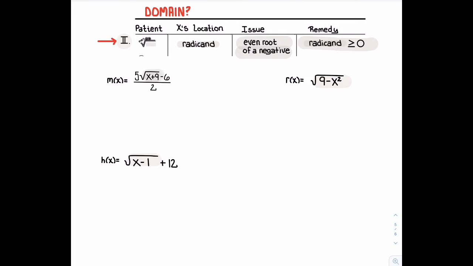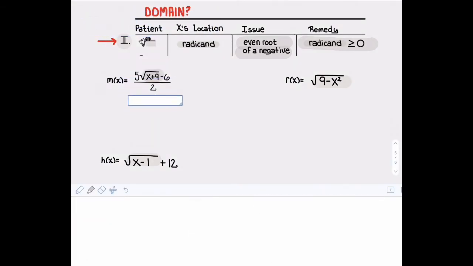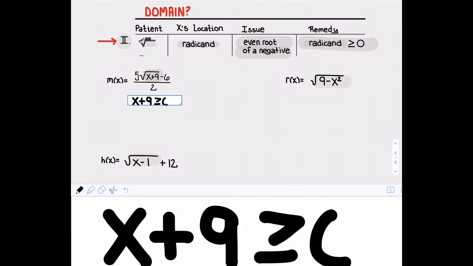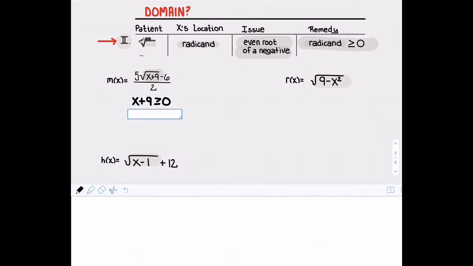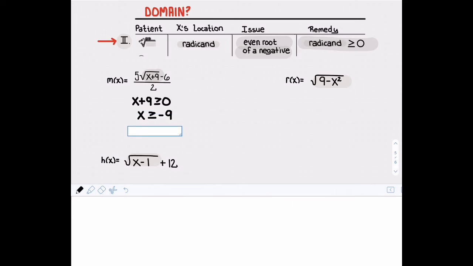So to make sure that doesn't happen, we want to make sure we only use x's that make the radicand 0 or positive. So we're going to set the radicand x plus 9 greater than or equal to 0 and solve by subtracting 9 from both sides. So we can use numbers that are greater than or equal to negative 9.